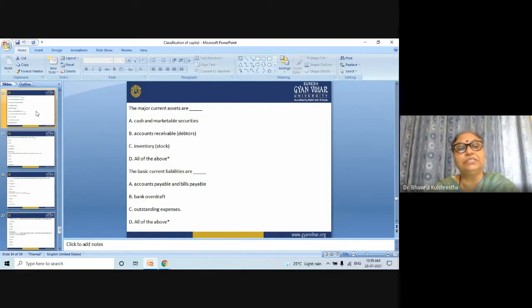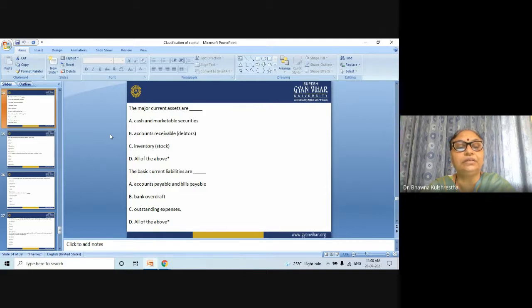The first question: the major current assets are cash and marketable securities, accounts receivable, debtors, inventory, stock, and all of the above. The answer is all of the above. The basic current liabilities are accounts payable, bills payable, bank overdraft, outstanding expenses, all of the above.